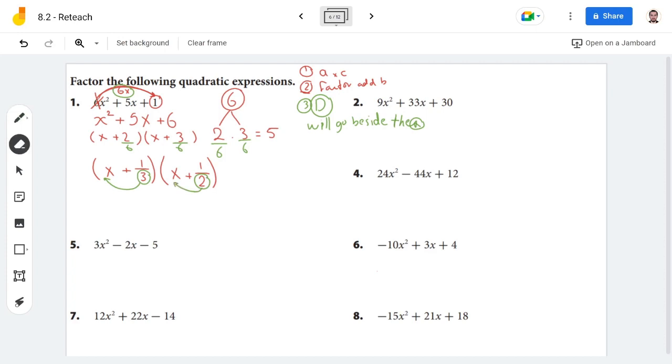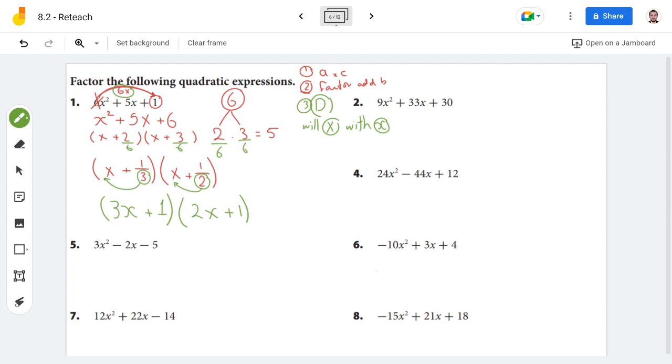Or I can rephrase this: the denominator will be multiplied with x. So 3 times x is equal to 3x. So now my answer will be 3x plus 1, and 2x plus 1. So that's how I can factor in another way.